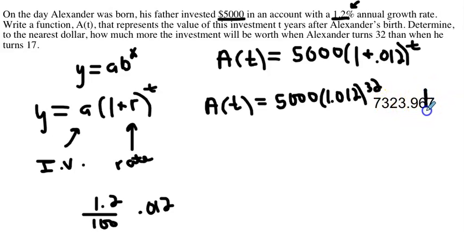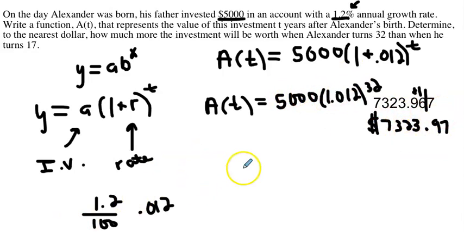Remember, money has two decimals. The 7 is more than 5, so we have to add 1 to the 6. So after 32 years, that $5,000 will now be $7,323.97. It might not sound like a lot of money, but that's not too bad, considering he only invested $5,000 and all the rest of that money was free.